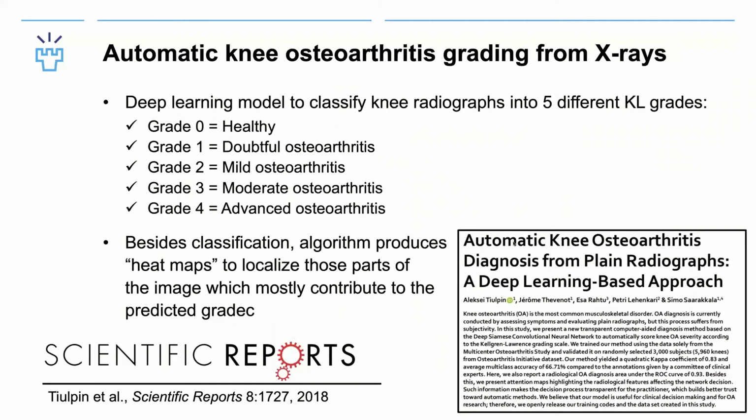Later, after these studies, we started to study deep learning to automatize the classification of these KL grades. Again, remember, KL grading is the current clinical gold standard, which classifies the knee X-ray into 4, or actually 5, different categories when counting 0 as healthy, and we developed a deep learning model to automatize this process.